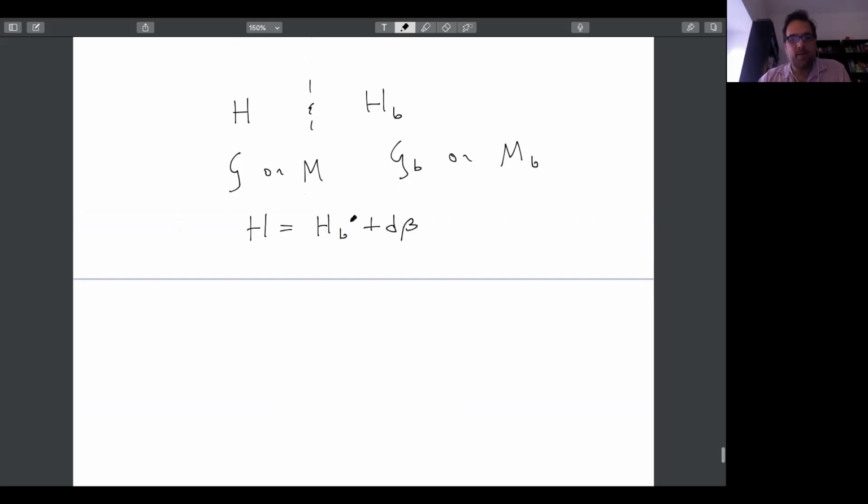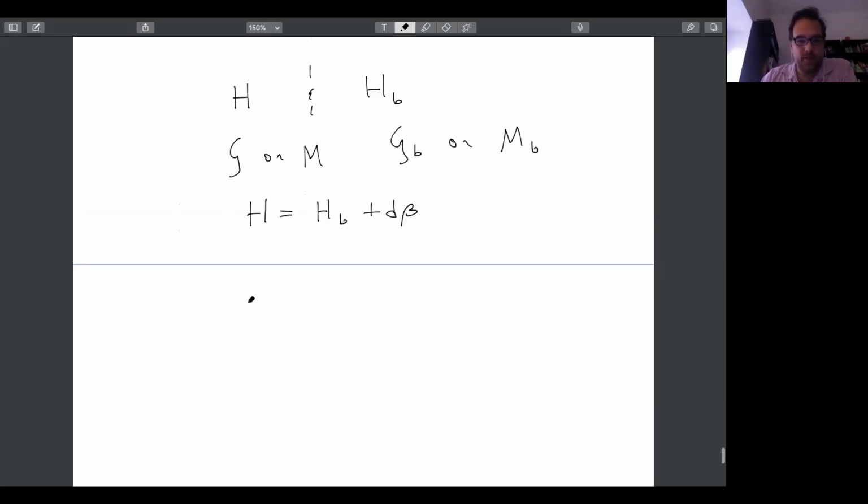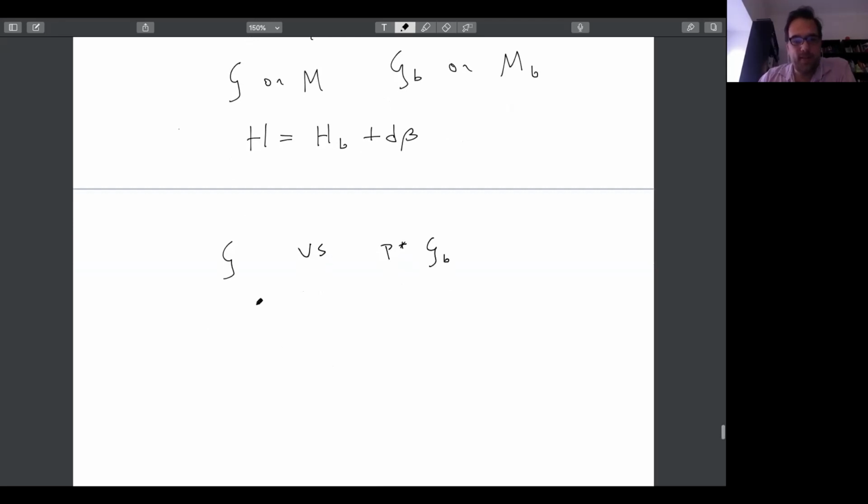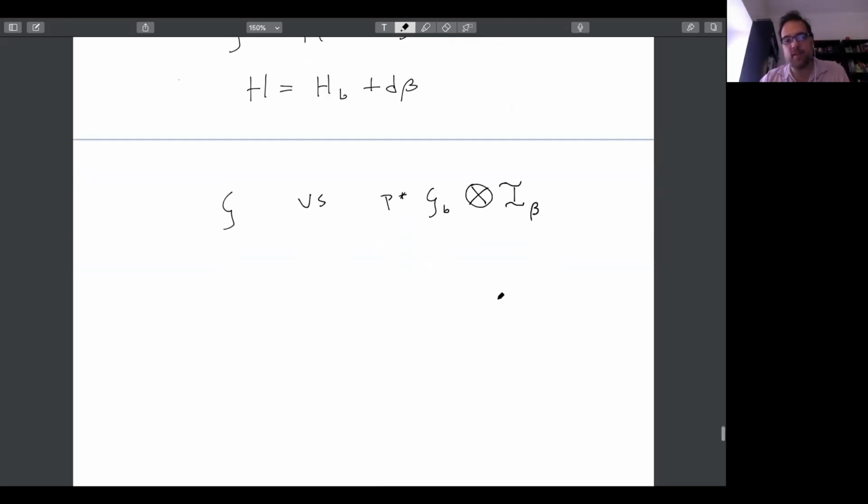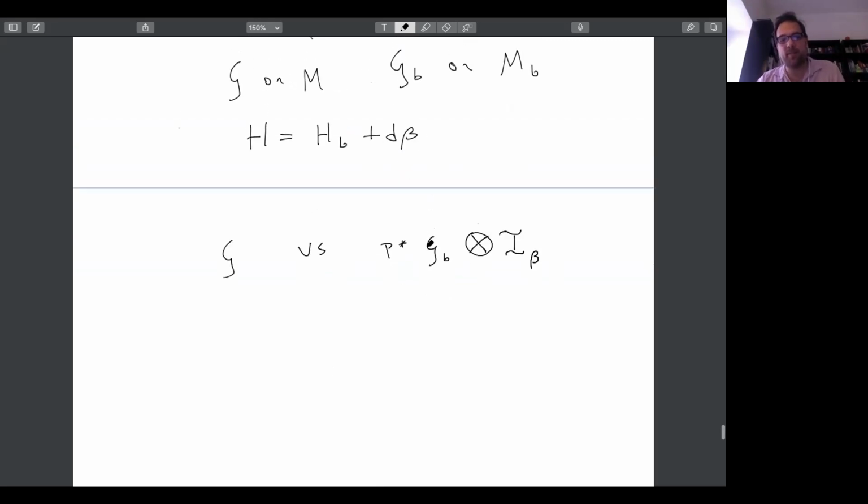So how do we compare these? Well, we can use the projection map to compare them. So G versus P star of GB, again, these have different curvatures. I need to add in some 2-form to compensate for this beta. And I can do that. I tensor with the trivial gerbe that just has curving beta, and that will add a d beta to my curvature.